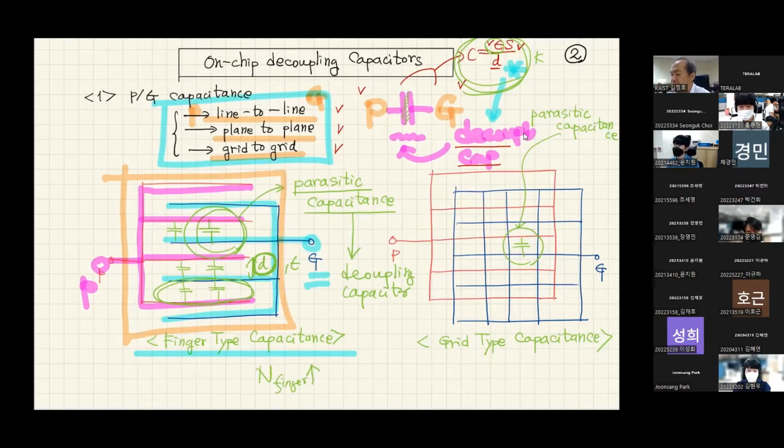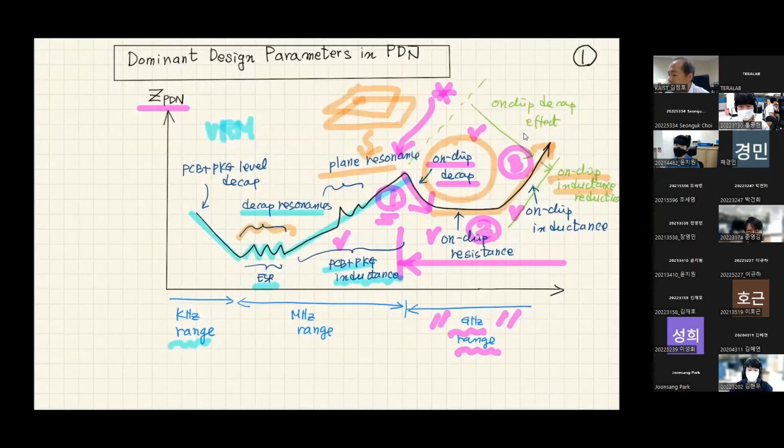As I told you, in region 2, it is determined by resistance, and in region 3, it will be determined by inductance. Probably above maybe 100 gigahertz, inductance will be dominant. And from 10 to 30 gigahertz, probably this capacitance will be the dominant PDN contribution.